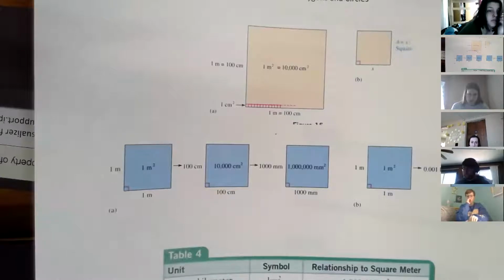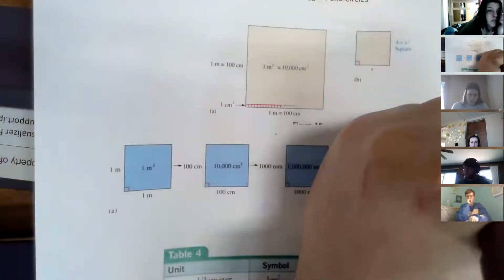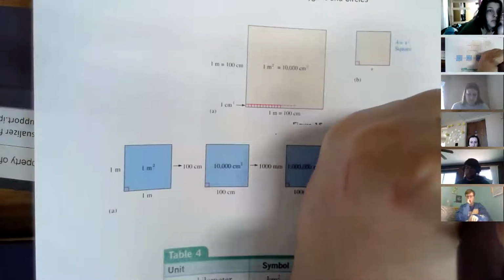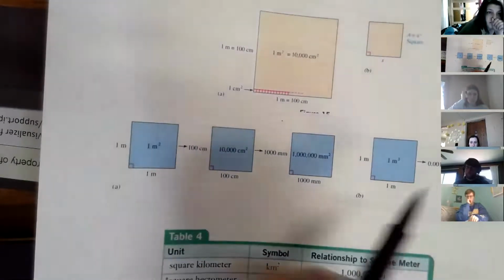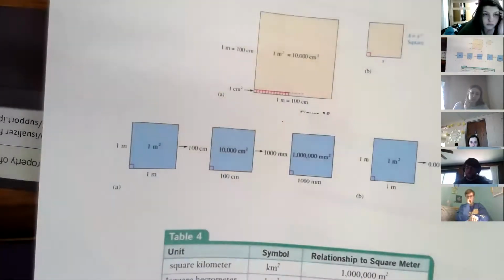So you would have to move it over 6 places, right? 1, 2, 3, 4, 5, 6. Because when you go from meters to kilometers, you move it to the left 3, but since we're squaring it, you now double that 3, so that makes it 6 places. Does that make sense? Cool.